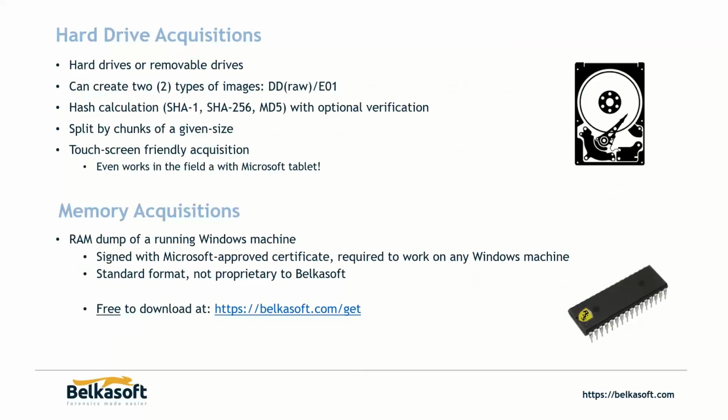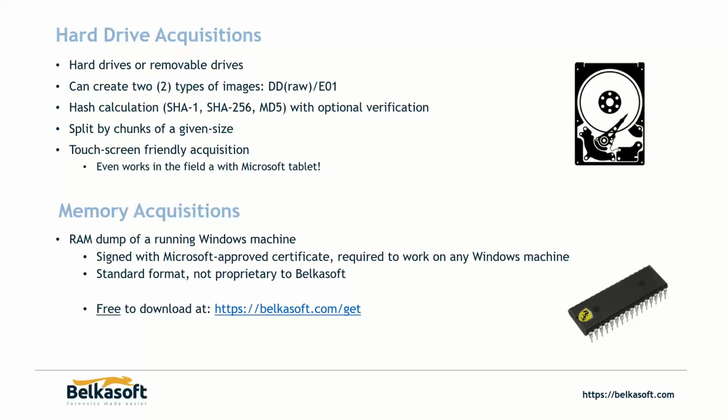Since you have the computer edition of Belkasoft X, I'm going to dive into the different types of acquisition methods that are available for hard drive acquisitions. So you can actually create two different types of images when acquiring a hard drive, physical or logical, of DD or E01, with the optional verification and hash calculations of SHA-1, SHA-256, and MD5.